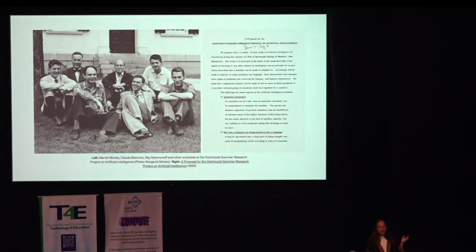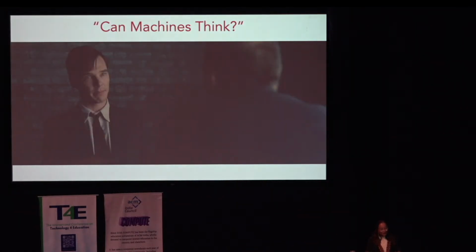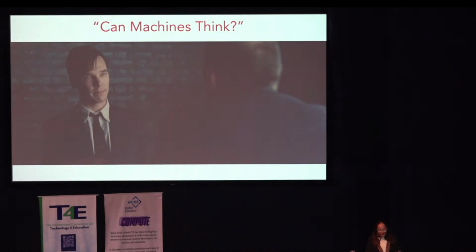And it all started with this ambitious Dartmouth summer research project on AI in 1956. I don't know if you all are aware, but they decided to bring a handful of people together to solve the problem of AI. That's why I use the phrase ambitious. And if you don't like the phrase artificial intelligence, you should blame this gentleman, John McCarthy, who coined that. And of course, the idea is older than even that.